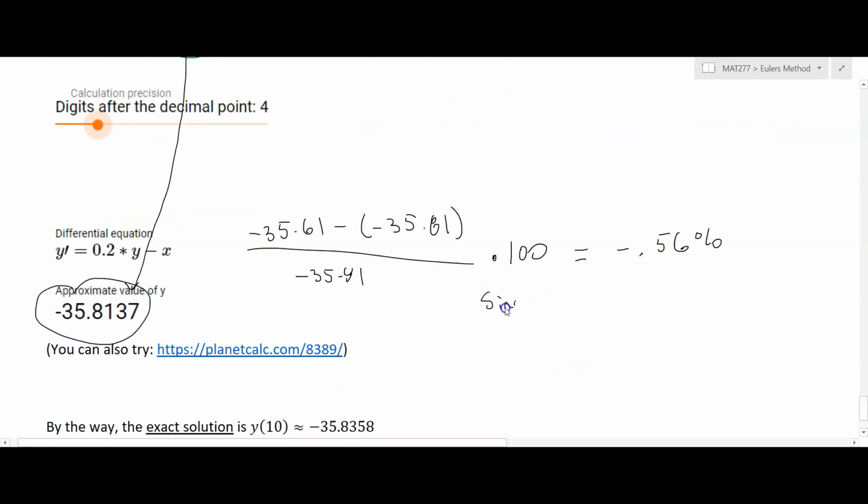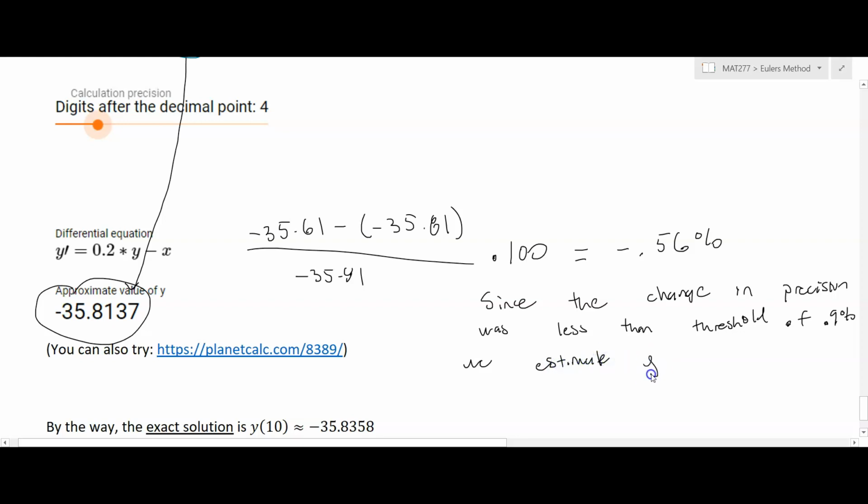So since the change in precision was less than the threshold of 0.9%, we estimate that y of 10, and maybe down here I'll just say that this was for delta t of 0.001, our estimate is about negative 35.81.